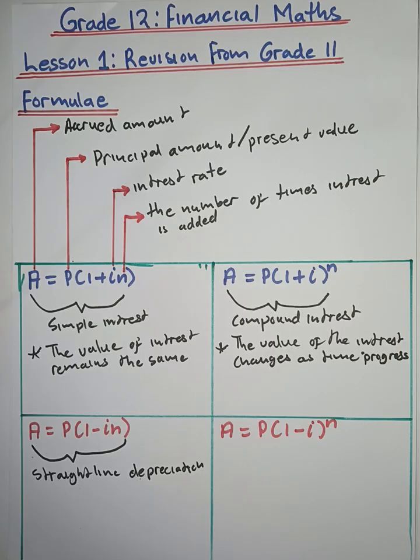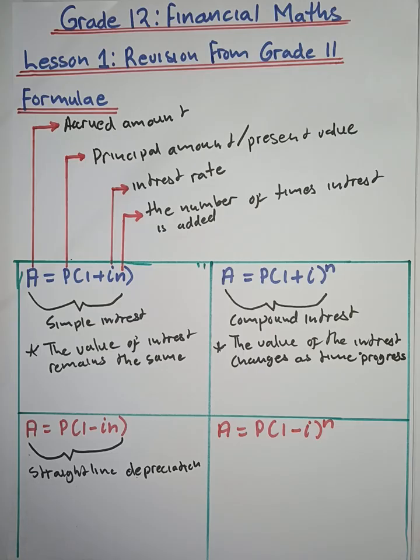Suppose we take an asset that costs 1000, and they say that your asset would depreciate by 25%. So if it's 1000 right now, at the end of the first year it will decrease by 25% of 1000, which is 250. So at the end of the first year, it will drop to 750.